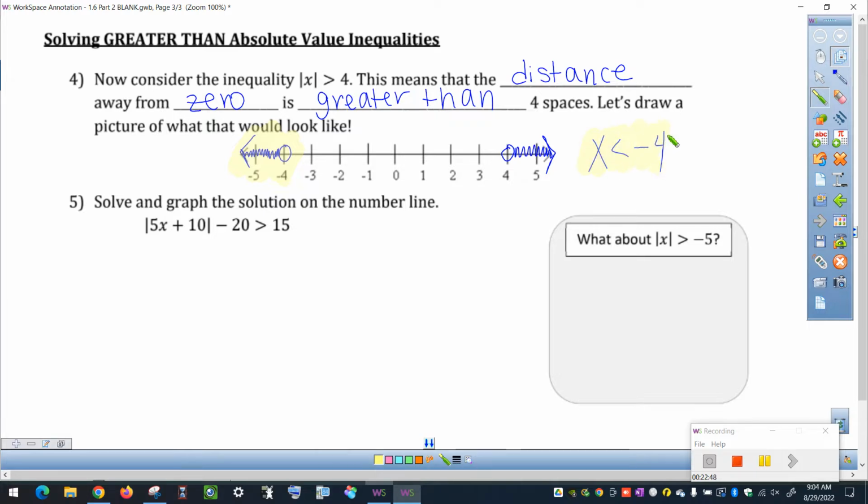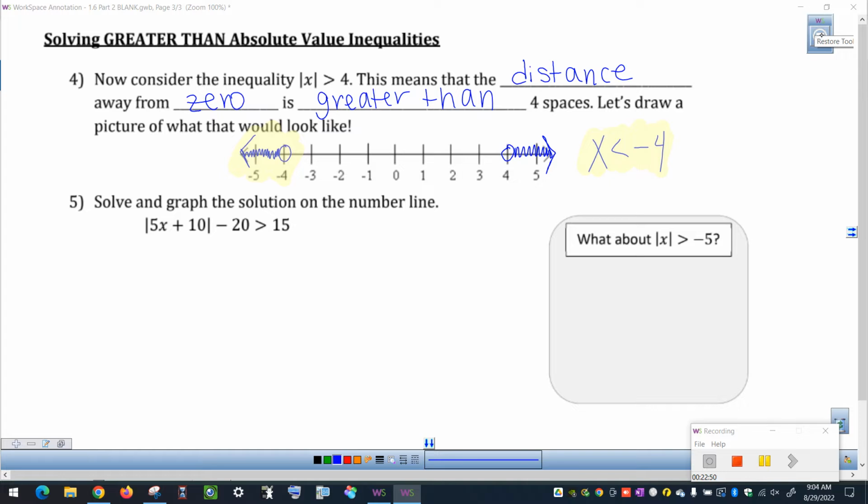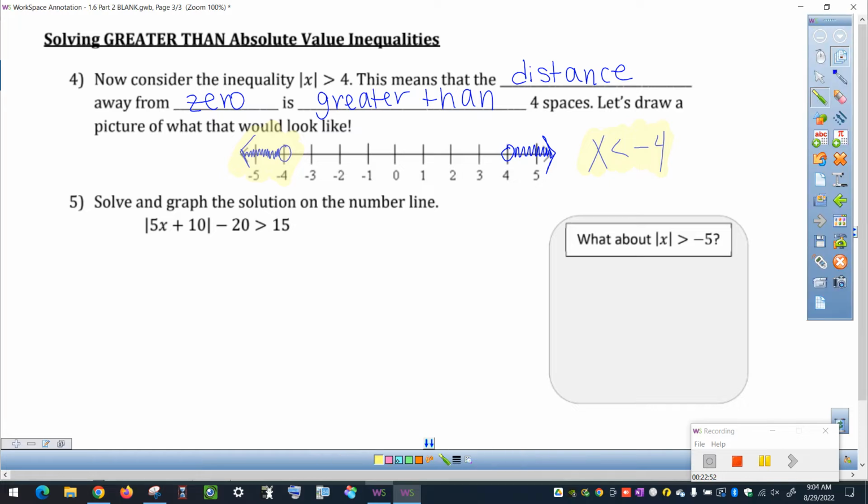Okay, so those go together. On the other side, I'm going to make that little section there in pink. And these are values that are greater than 4. Now, notice that there's no overlap here. You can't be less than negative 4 and also greater than 4 at the same time.